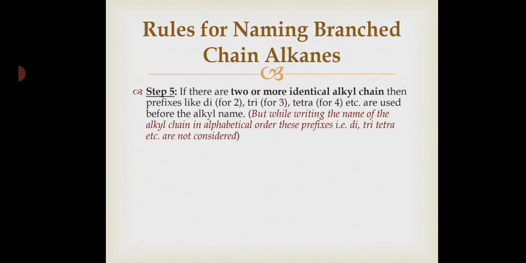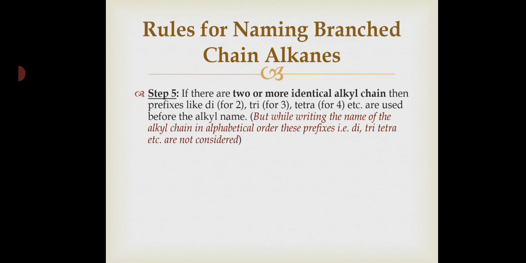Step 5, if there are two or more identical alkyl chains, then prefixes like di for 2, tri for 3, tetra for 4 are used before the alkyl name. But while writing the names of the alkyl chains in alphabetical order, these prefixes like di, tri, tetra, etc. are not considered.